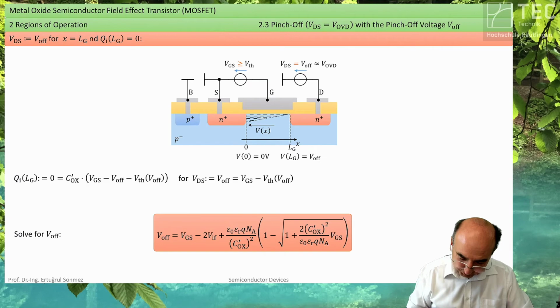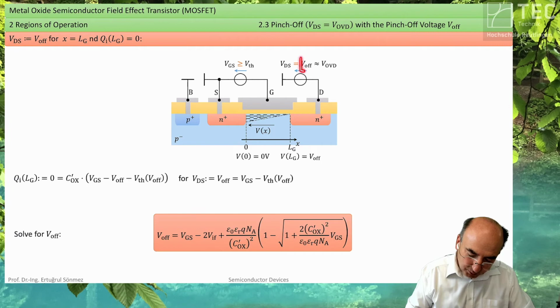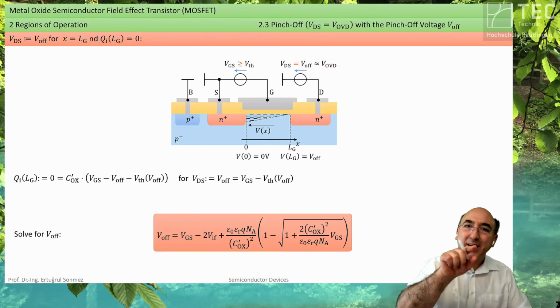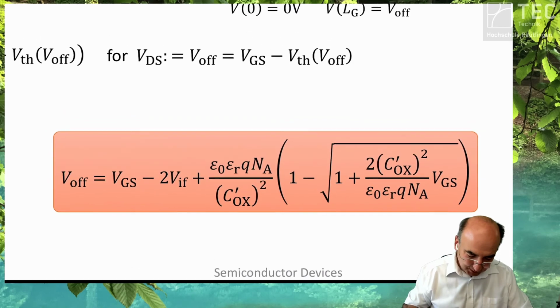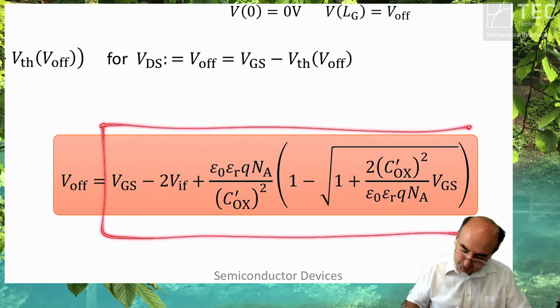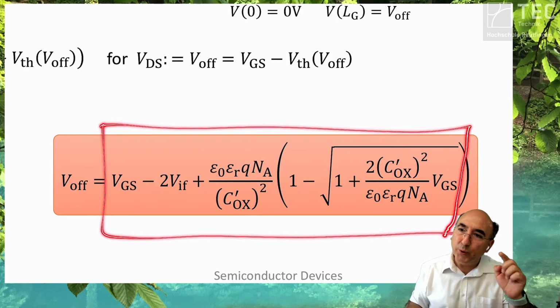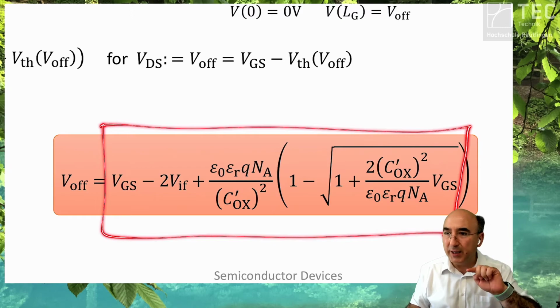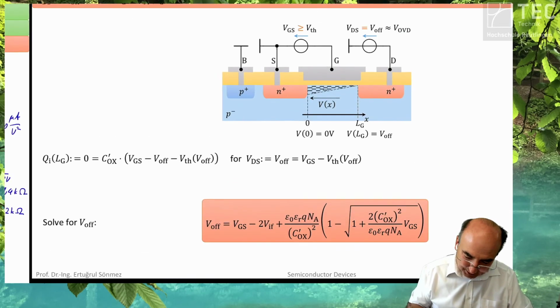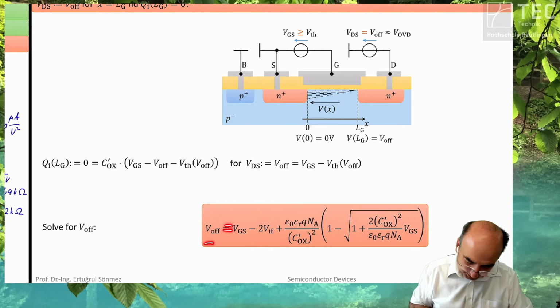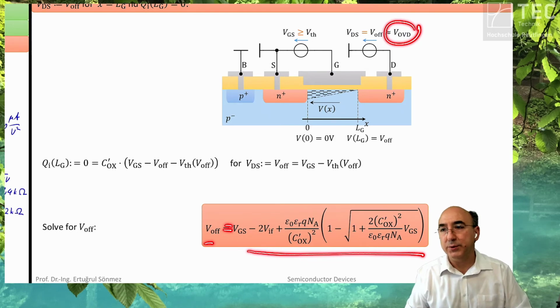This pinch-off voltage occurs, in our simplistic way of thinking, if we apply just V overdrive. In reality, you apply this voltage. Now you can compare using my spreadsheet what the difference is in the value. And therefore I say the real value is calculated this way, and the approximate value is your overdrive voltage.